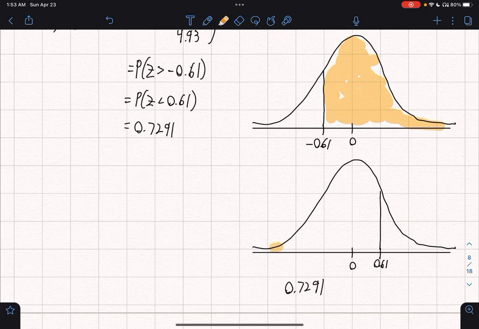We were fine to just look this value up directly from the table. So 0.7291.